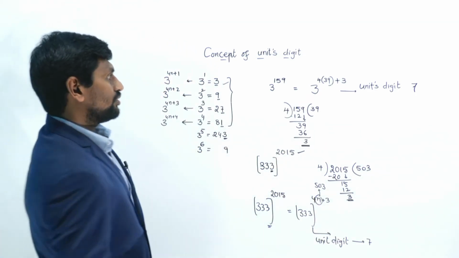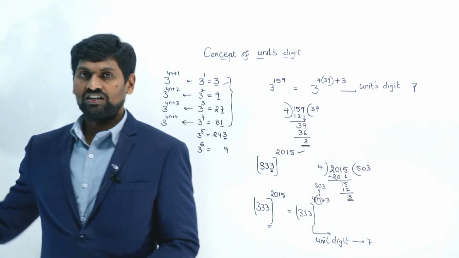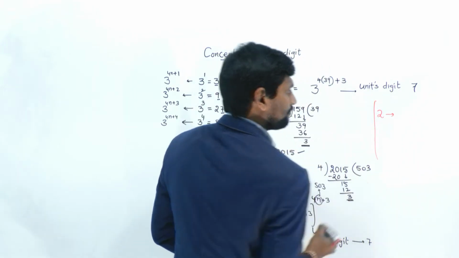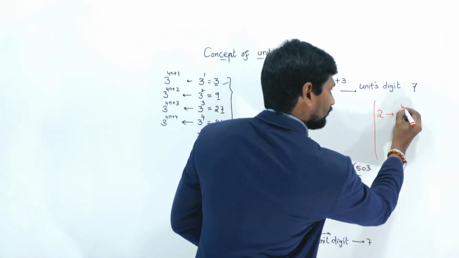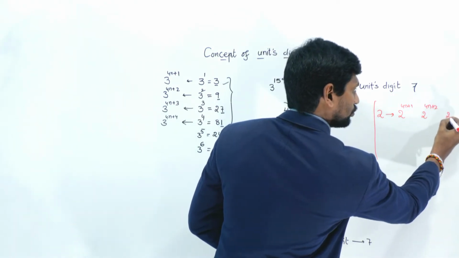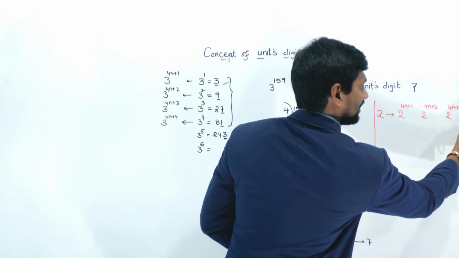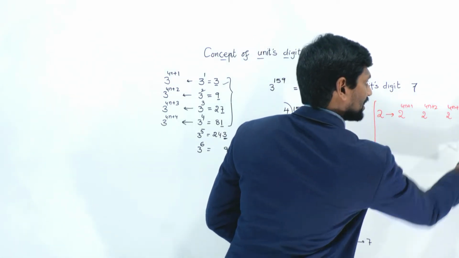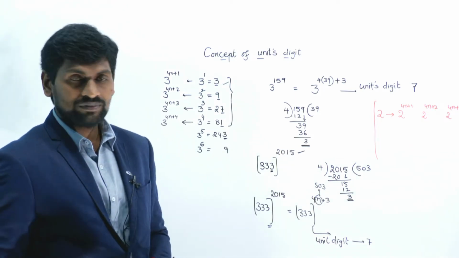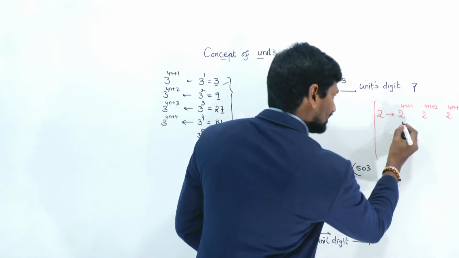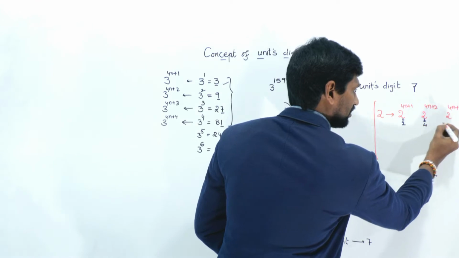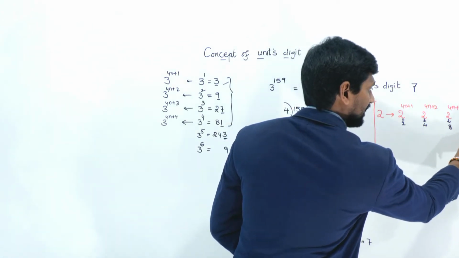While you are observing here, I am writing for the concept of 2: 2 power 4n plus 1, 2 power 4n plus 2, 2 power 4n plus 3 and 2 power 4n or 4n plus 4, both are same. Here it ends with the digit 2, this one ends with 4, this is 8 and this is 6.